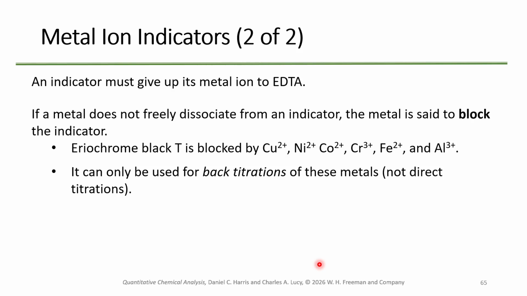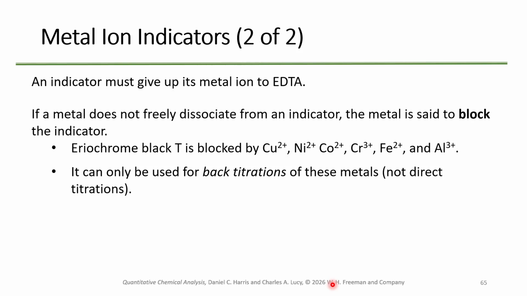Remember that when you do this direct titration, you're stripping the metal ion from the indicator, so the indicator has to give up its metal ion to EDTA. If the metal does not freely dissociate from the indicator, the metal is said to be blocked.